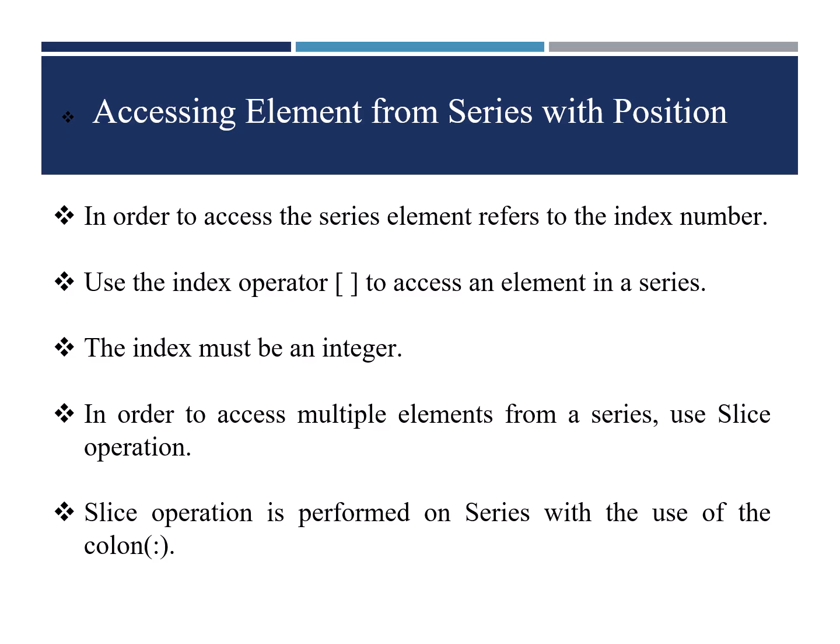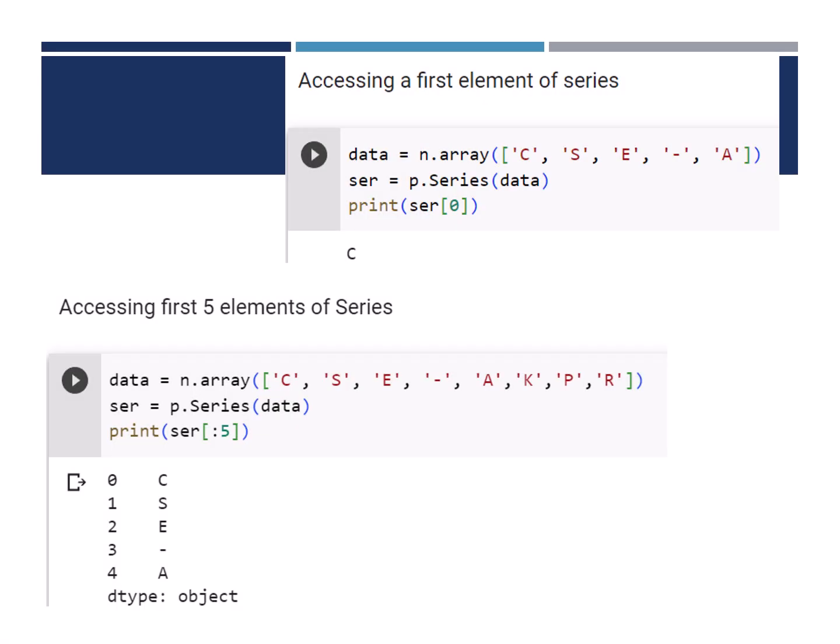In order to access multiple elements from a series, we can use the slice operation. The slice operation is performed on series with the use of colon. Now for example, here we are supposed to access the first element of series. So first we have to create data equal to n dot array of CSE hyphen A. Now this particular data should be converted into a series.